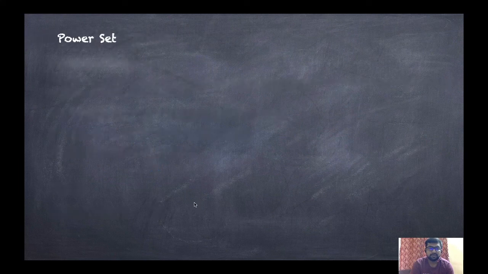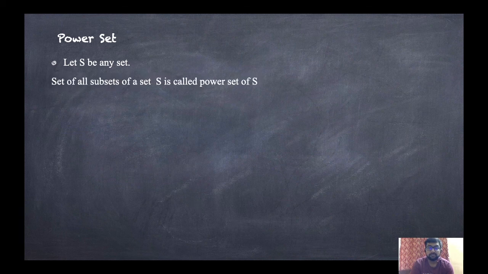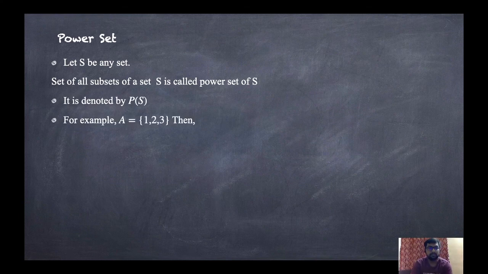Now power set. Let S be any set. Now the set of all subsets of a set is called the power set of S. It is denoted by capital P of S. For example, A equals {1, 2, 3}. Then what will be the power set of A?